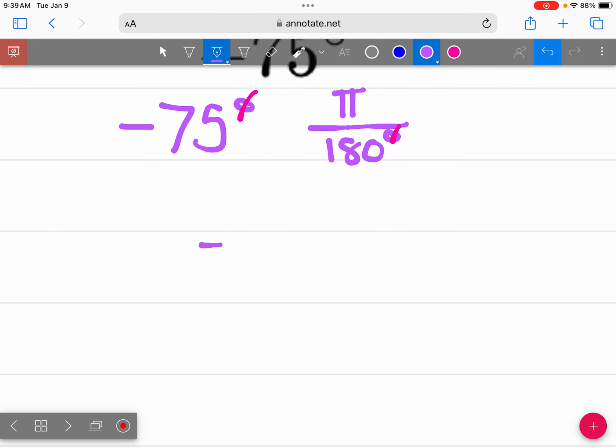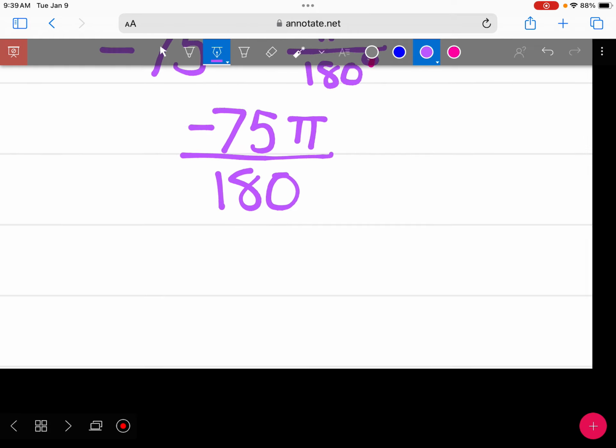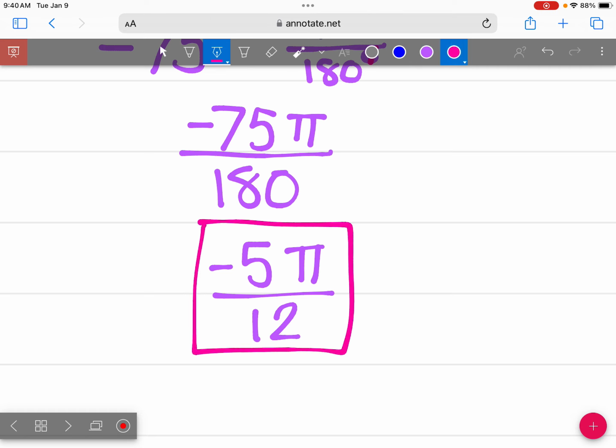So I have negative 75 pi over 180. Can we simplify it? What do we get when it simplifies? Negative 5 pi over 12. That is our radian measurement.